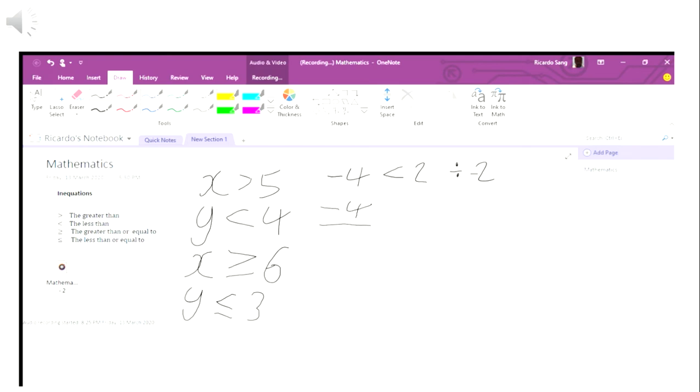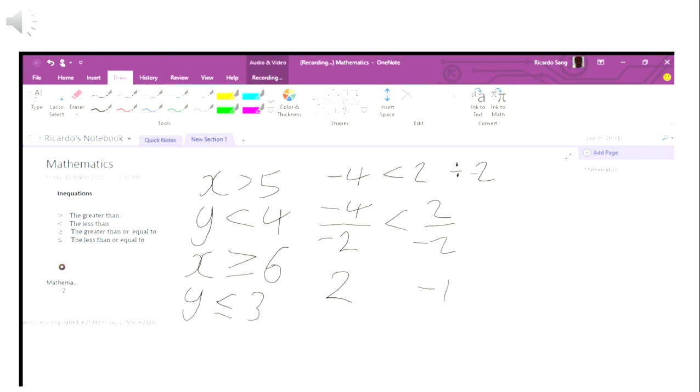-4 upon negative 2, 2 upon negative 2. Something happens. A negative times a negative will give you a positive, right? So this will become positive 2. And a negative times a positive will give you a negative 1. But something happened with the sign. If you notice, 2 is greater than negative 1.